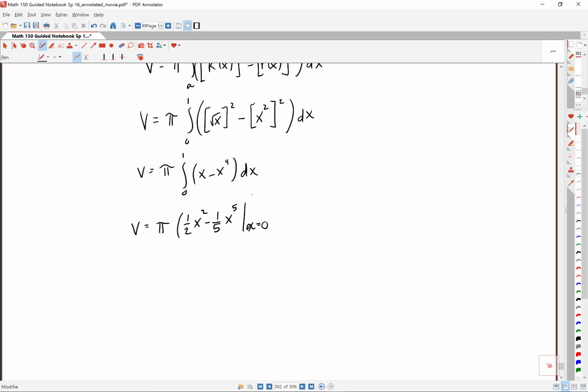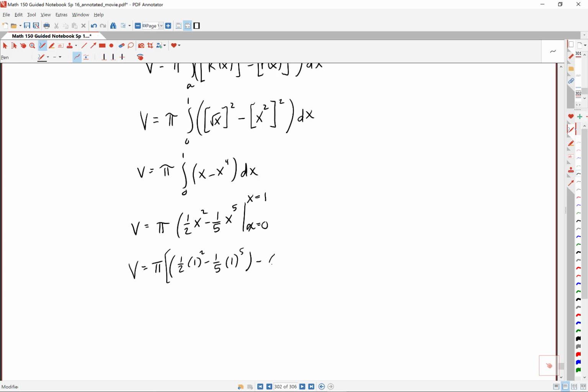So then we'll get our volume is pi times 1/2 times 1 squared minus 1/5 times 1 to the 5th. And do you see that the lower limit of integration, they're all going to zero out in this case?